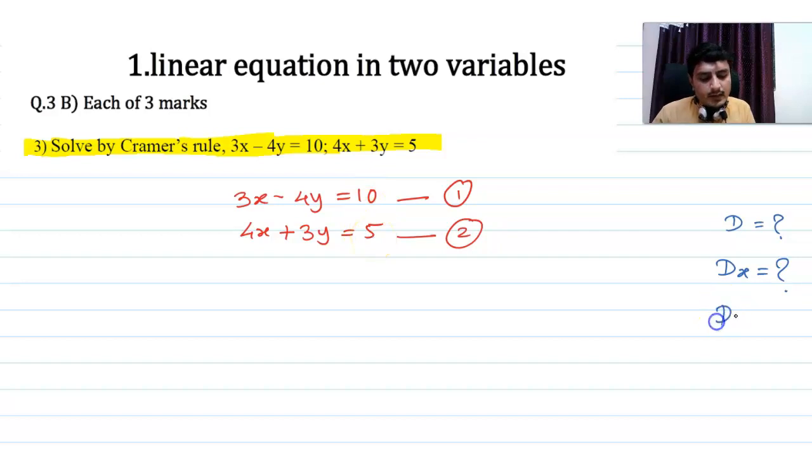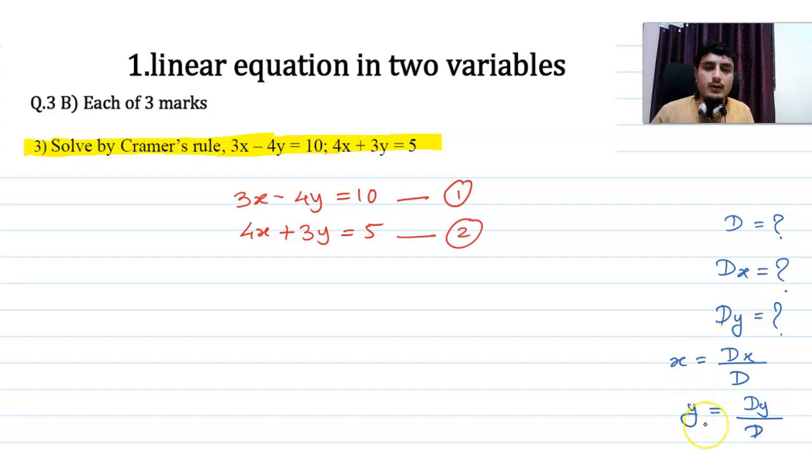Next, we evaluate Dy. From D, the coefficients of variable y are replaced by the constants 10 and 5. And at last, the value of x as per Cramer's rule is Dx divided by D, and the value of y is Dy divided by D.